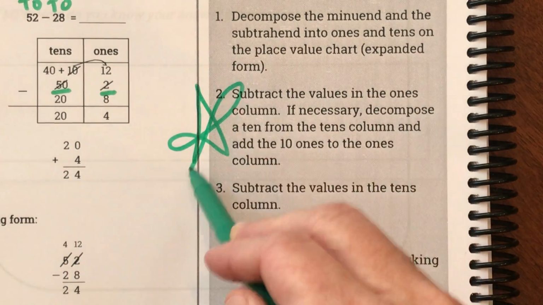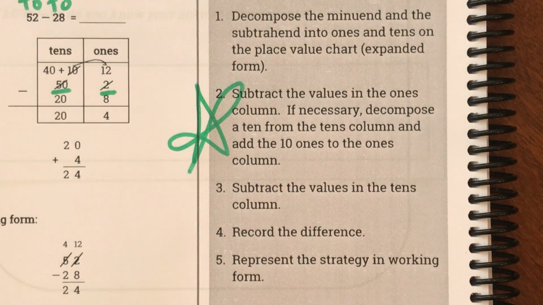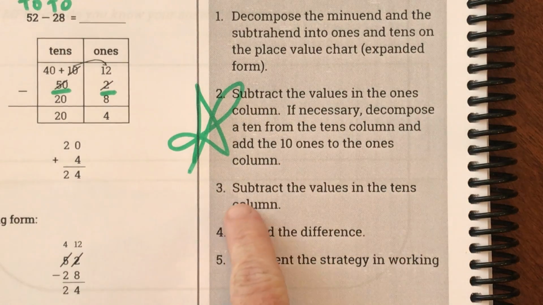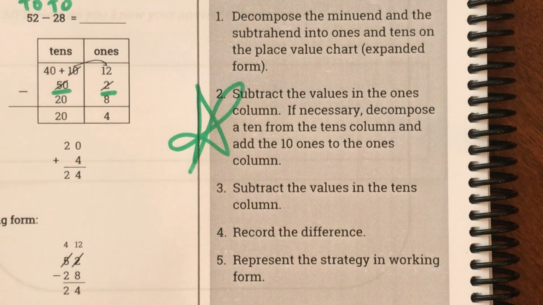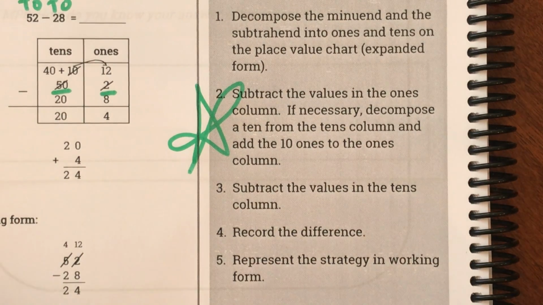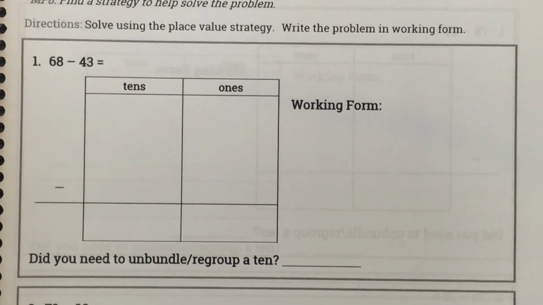That's where we're going to do that regrouping, boys and girls, that really tricky new idea of regrouping, okay? And then once we've done the ones, then we can subtract the values in the tens. But we do ones first, then tens. Then we can record the difference and then represent the strategy in working form. Okay, so let's see how this one is different. And then afterwards you can think about which strategy you like better.